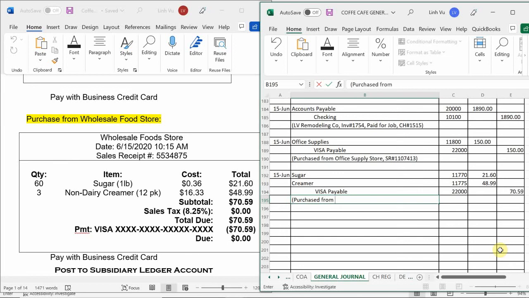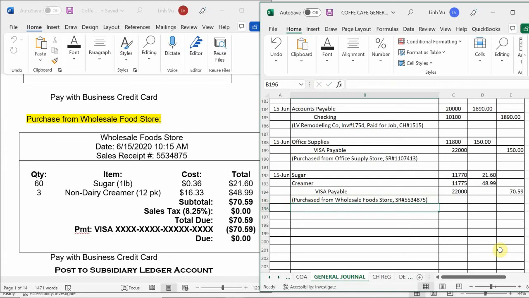Wholesale food store. Sales receipt number 5534875. Good. And that should be good enough.